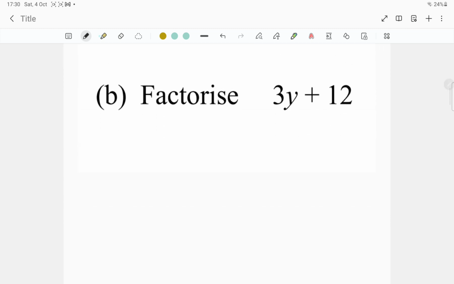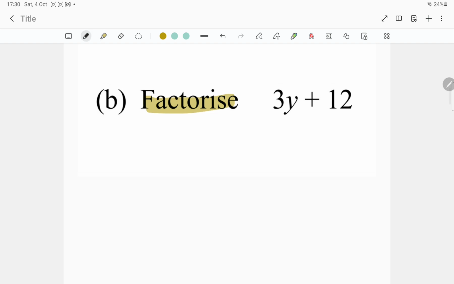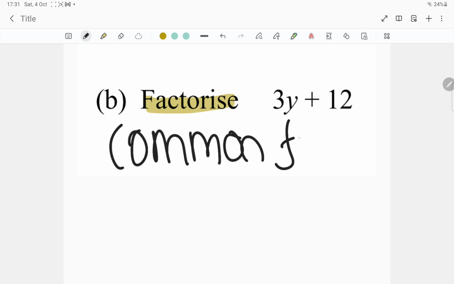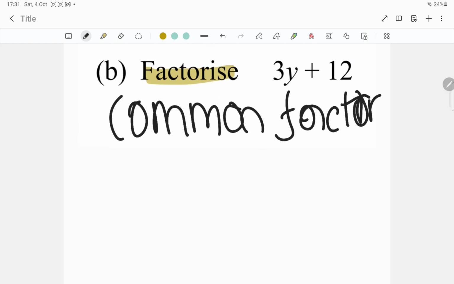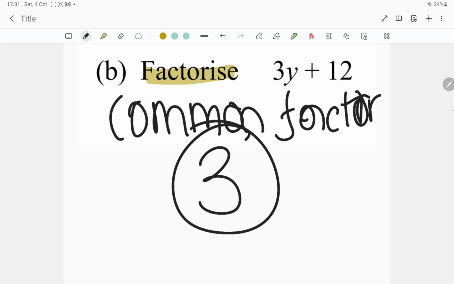Okay, now we'll go down to factorising. The first thing we need to do is find the common factor. Okay, now what do I know that goes into 3 and 12? 3 perfectly fits in, it just slides in.